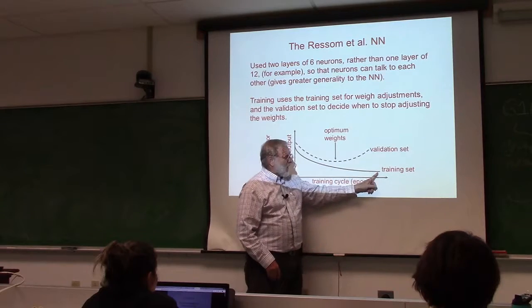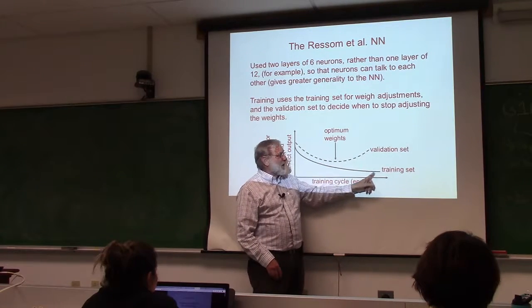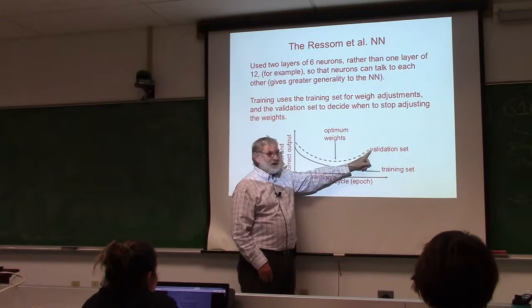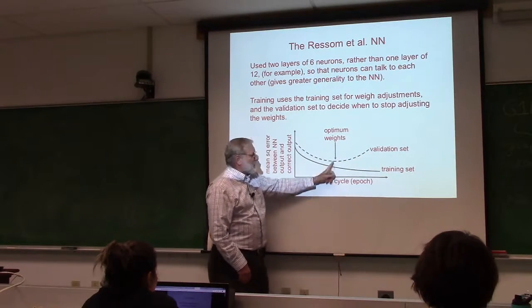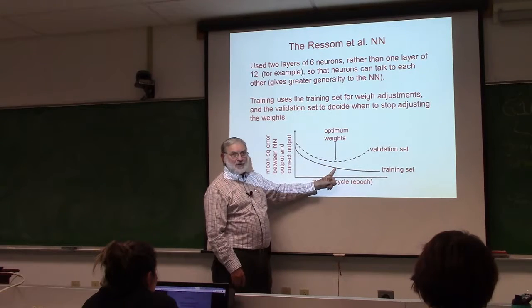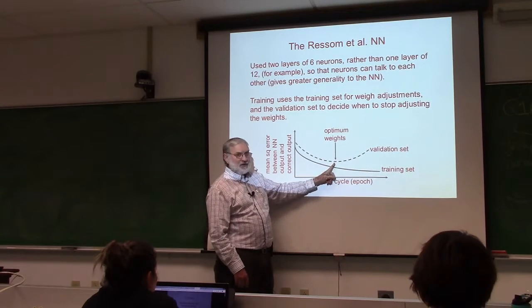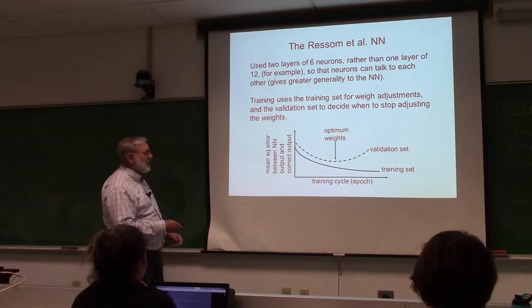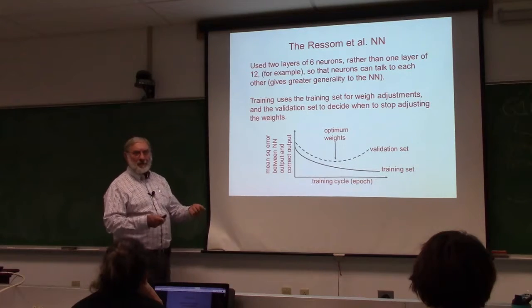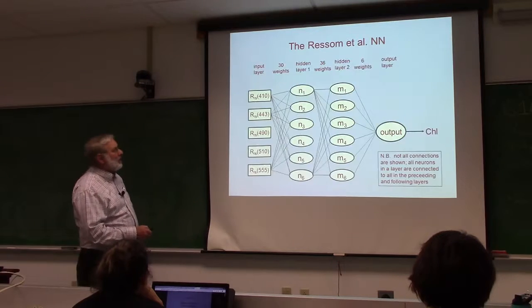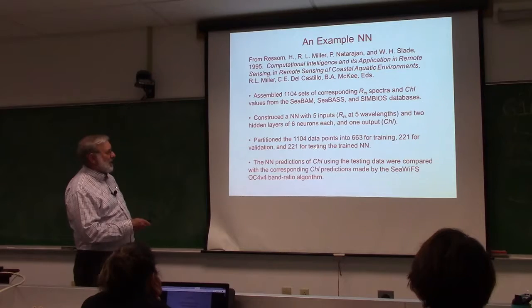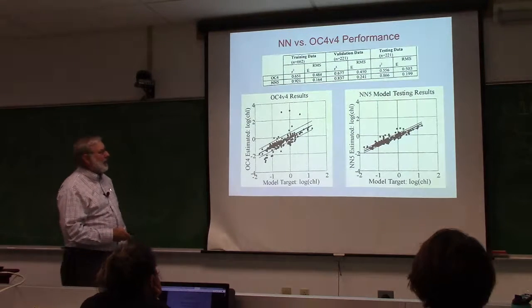So here I'm really describing the noise. When the validation set starts getting worse, you back up and say, this was my optimum set of weights. So I'll stop and use the weights that I found from the training set at this point, and that'll be my neural network. Then you take those weights and compare them with the testing set. Yeah, there's the training, the validation, and the testing set.